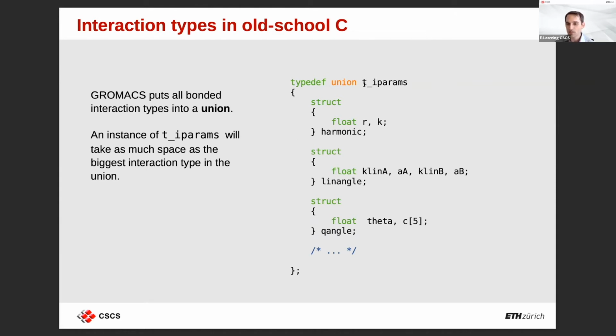So there's this union TI params, and then regardless of whether it's a harmonic bond, an angle, or a dihedral interaction or something completely different, it's all in this one single union. And so that, for instance, already means that each instance of this TI params actually uses as much space as the biggest interaction that you have in your system.